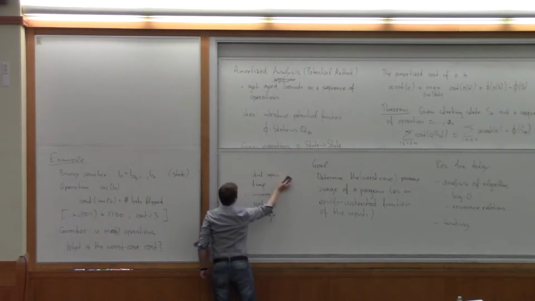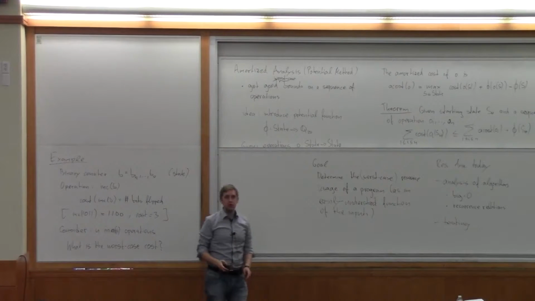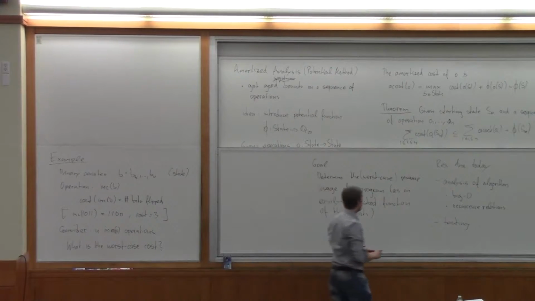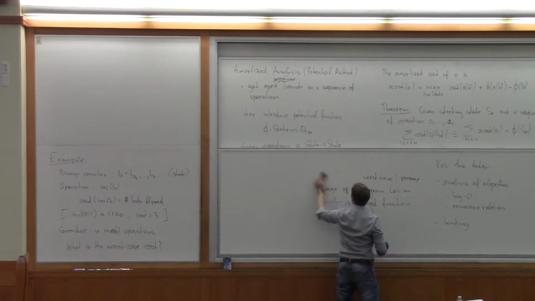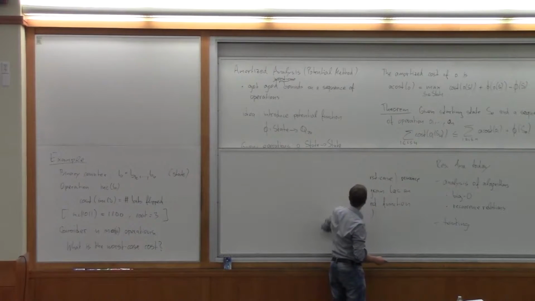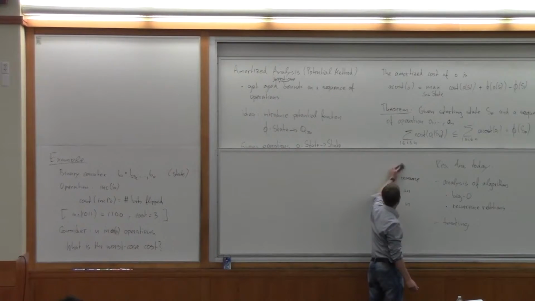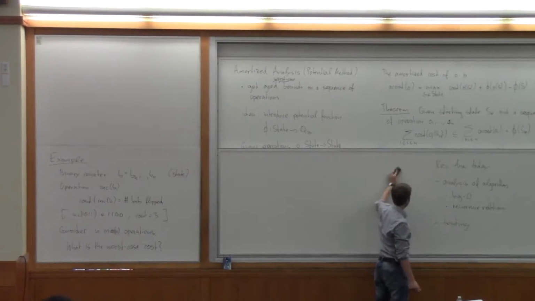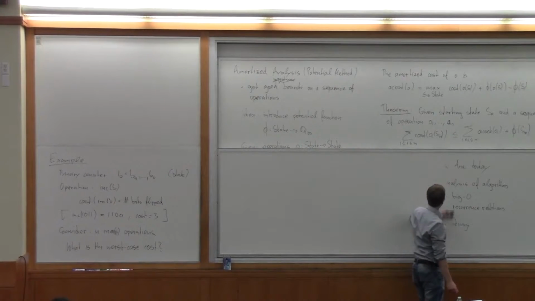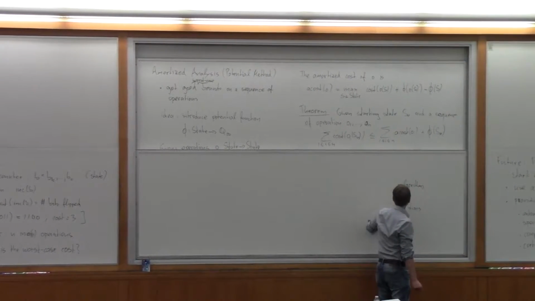So what is the worst case cost of one operation to start with? Log n? Well, how many flips? Our cost function is the number of bits that need to be flipped, right? O of n, yeah, that's right.